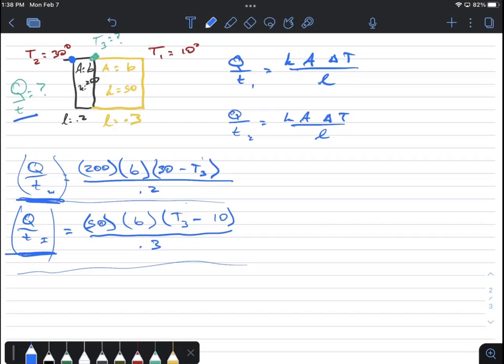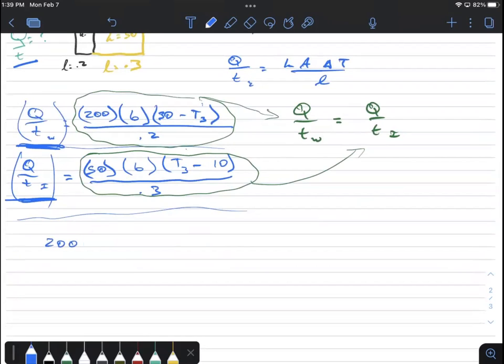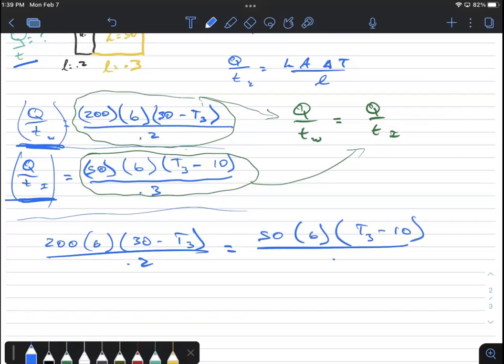So I'm going to take this, which is Q over T for the wall, and put it right there, and take this, which is Q over T for the insulation, and put it on that side. And so now I have 200 times 6 times (30 minus T3) divided by 0.2 is equal to 50 times 6 times (T3 minus 10) over 0.3.